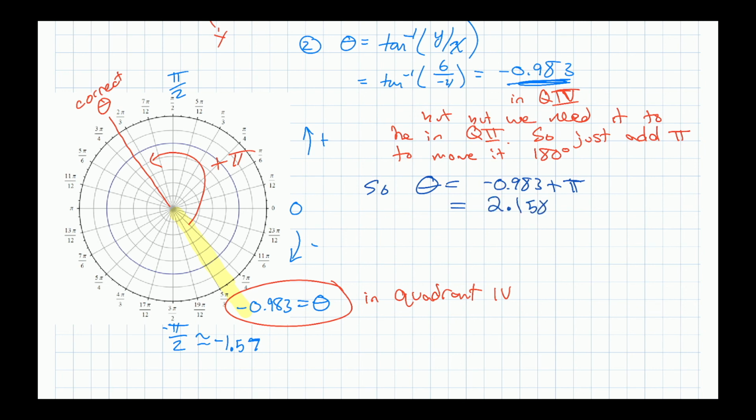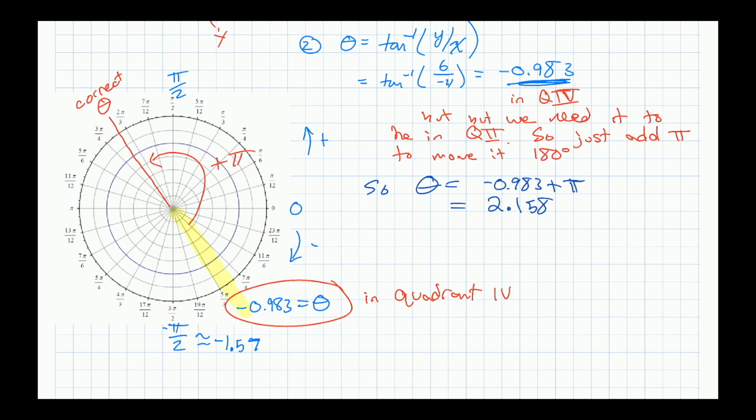And I'm going to get 2.158. Okay. And that is going to be in quadrant 2, because remember, this is pi over 2, which is about 1.5. We just did that down here. This is pi, which is about 3. So 1.5 and 3. What's in between? About 2. So it's all consistent, right?